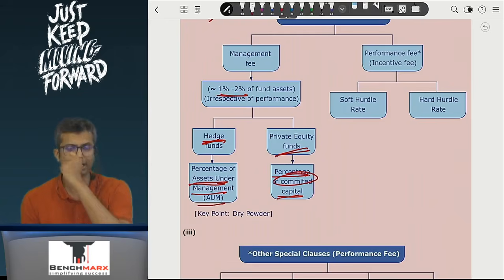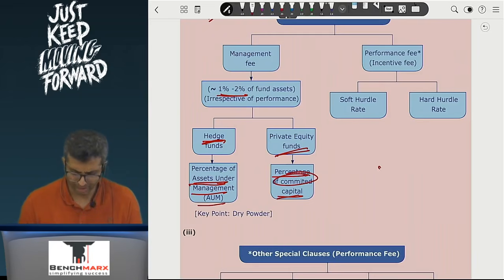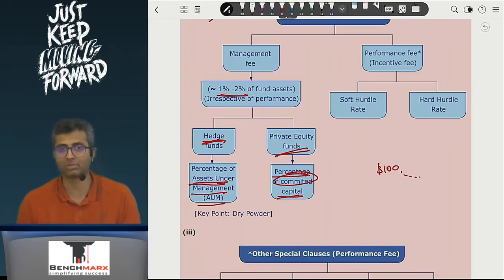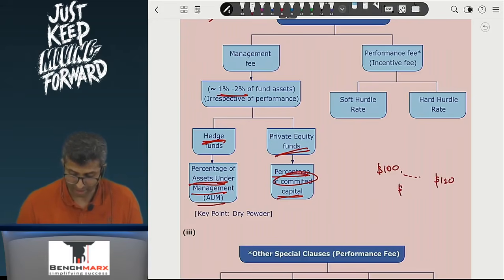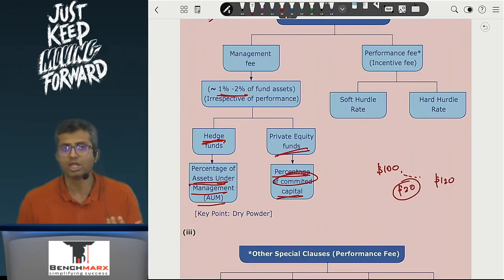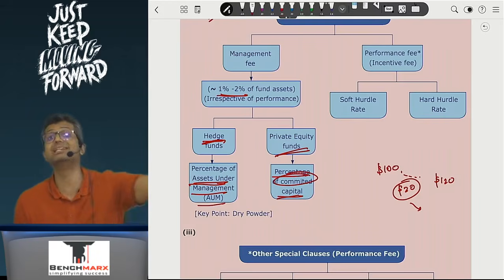question. And the second type of fees are called incentive fees. Now, incentive fees are based on the performance. Like, for example, there was 100 million and you have invested this. The general partner has invested this and the fund becomes 120 million. So over here, there is a return of 20 million. Now, obviously you'll have to pay the management fee as well, but let us assume the incentive fee is independent of the management fee.